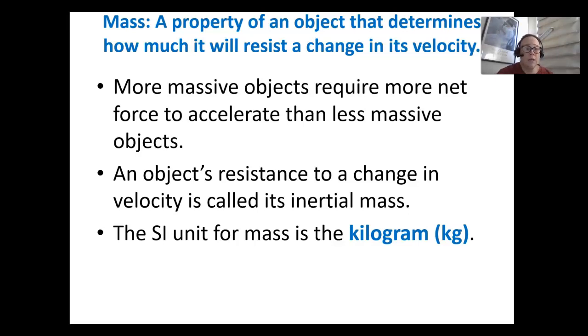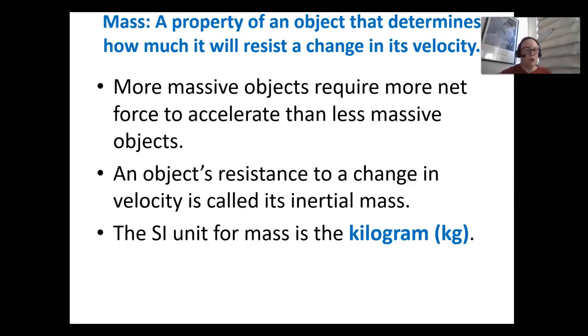I can make it accelerate from a speed of 0 to some higher speed. But if I wanted to move my car, it's at rest in the parking lot, I probably might not by myself be able to push it hard enough, apply a big enough force to make it start accelerating. That's because the car has more mass and it definitely resists a change in its motion more than the bicycle does.